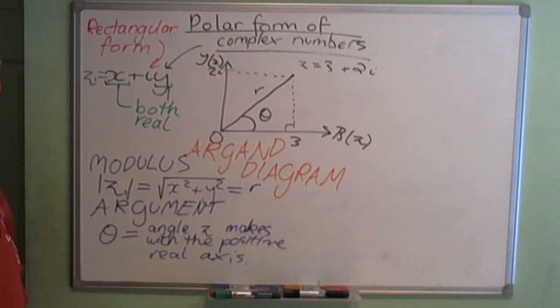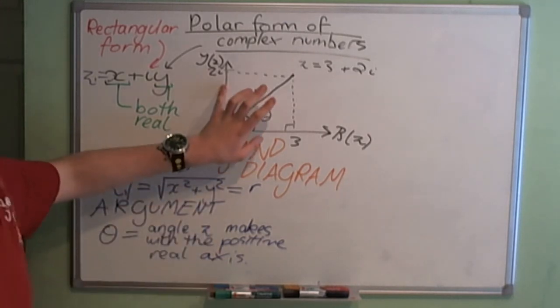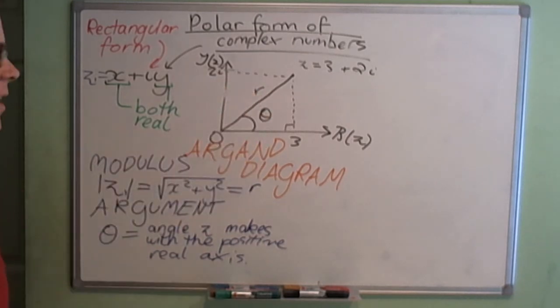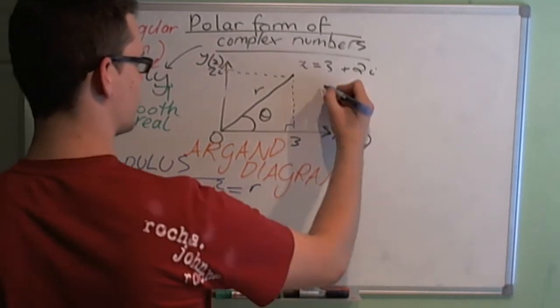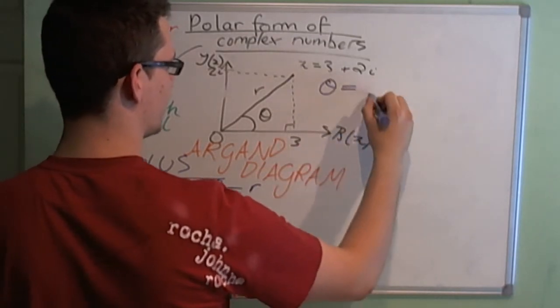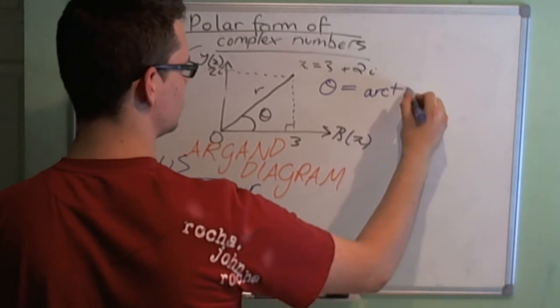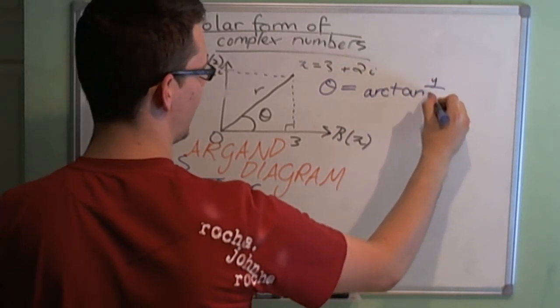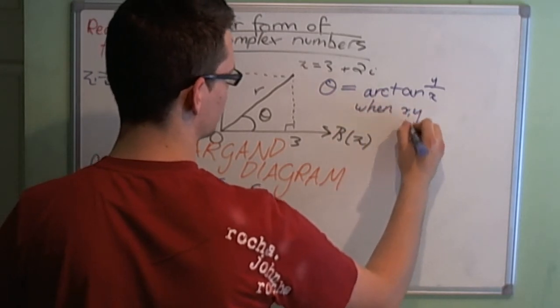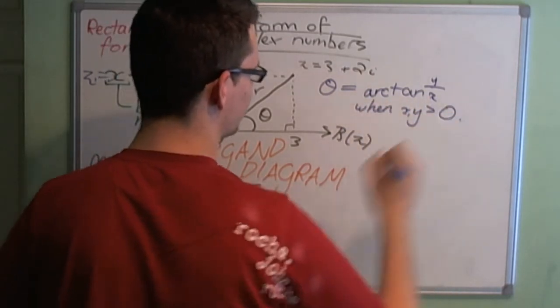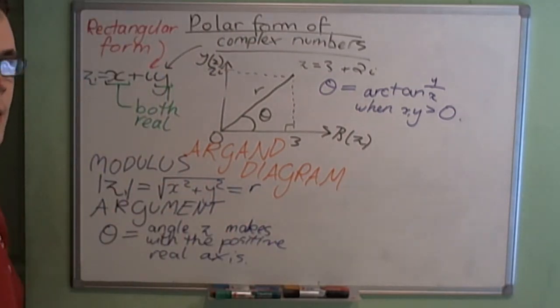When the complex numbers are in this quadrant, where the real and imaginary parts are both positive, we define the argument as the inverse tan of y over x, when x and y are both greater than 0. And how this relates to the polar form, I'll explain.